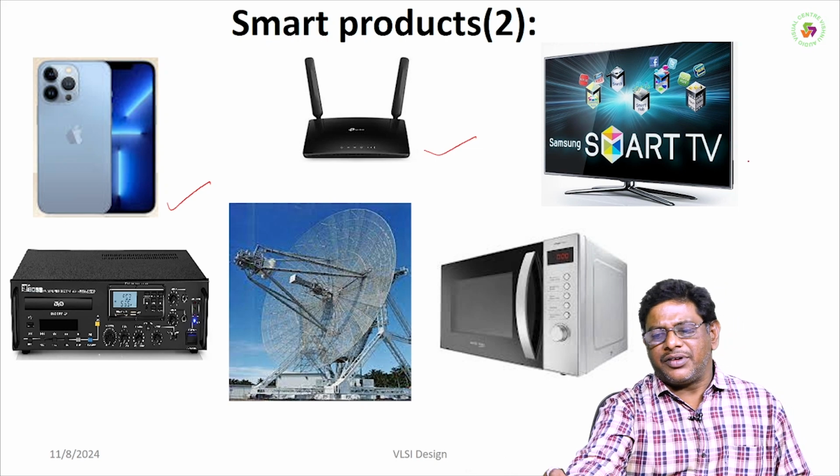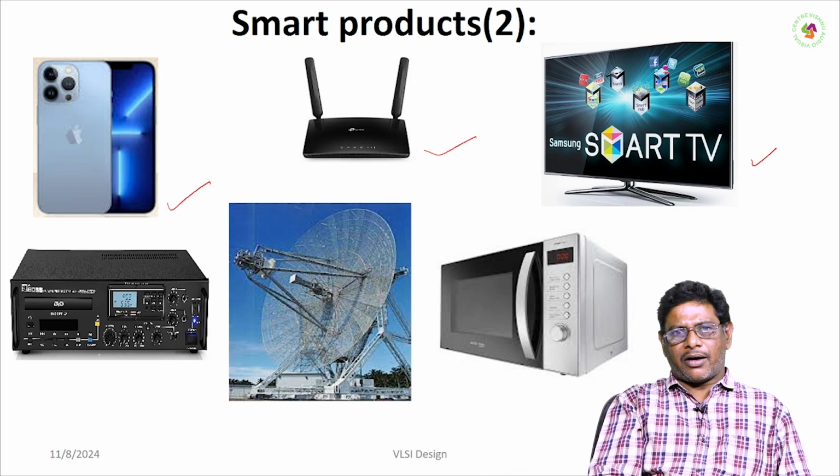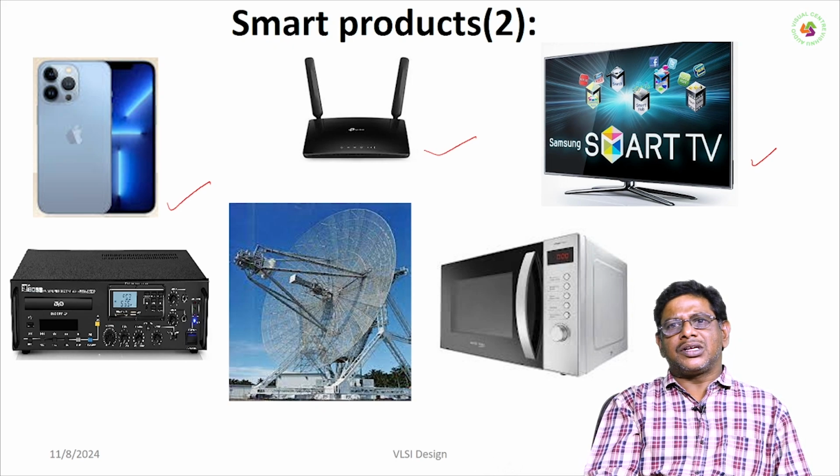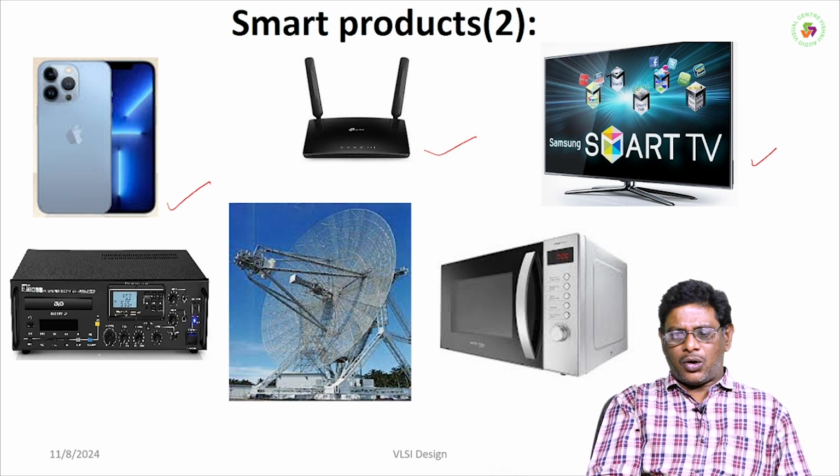And also smart TVs: earlier we used to have box-type TVs, whereas now, due to technology advancements, the entire system has come down to a stage where we have curved TVs.